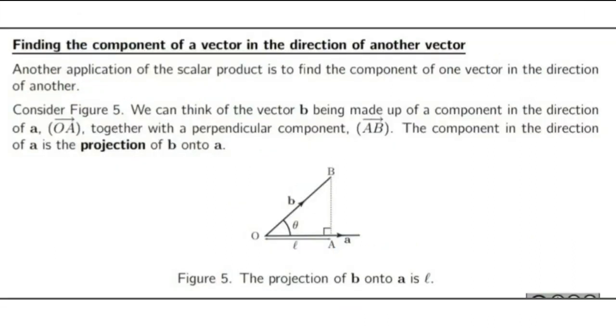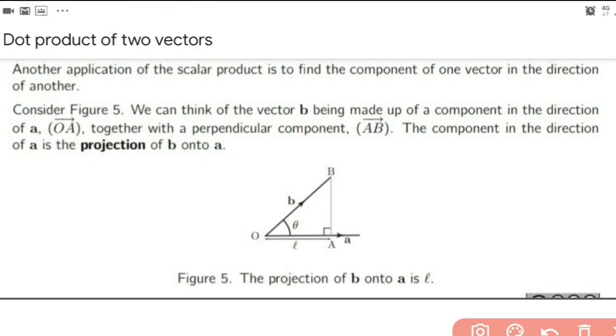Now coming to the next example of dot product, that is finding the component of a vector in the direction of another vector. So here we just take that diagram where we marked the angle between the two vectors, vector A and vector B, as theta. Now the component of vector B on vector A, or the component in the direction of vector A, means that length L which is marked in the diagram.